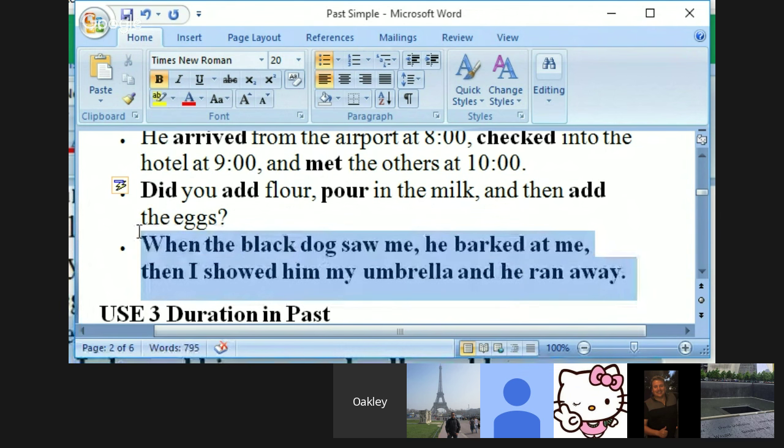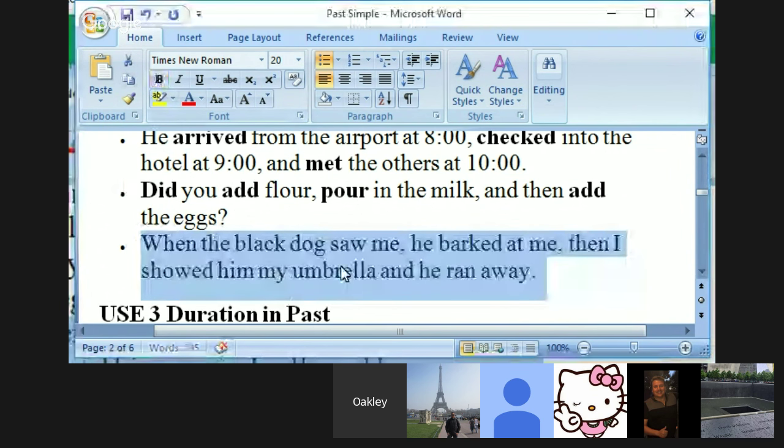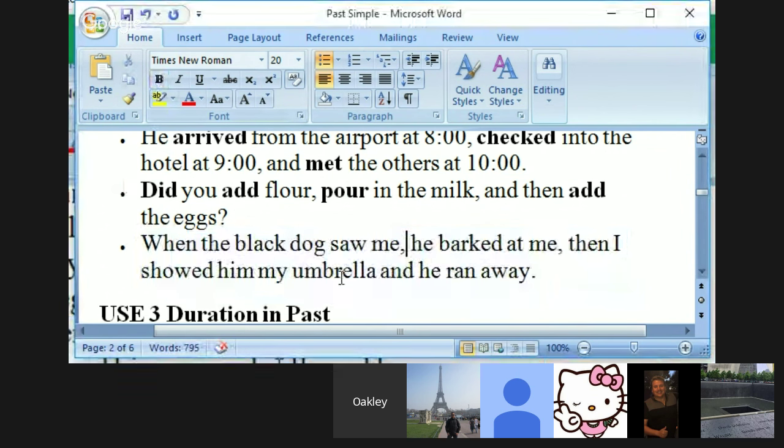All right, let's take a look here. Notice, see, saw. Okay, when the black dog saw me, he barked at me. Oh, yeah, okay. All right. Then I showed him my umbrella and he ran away. Okay.